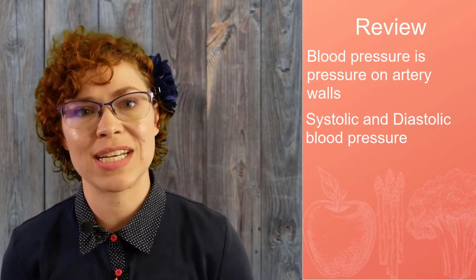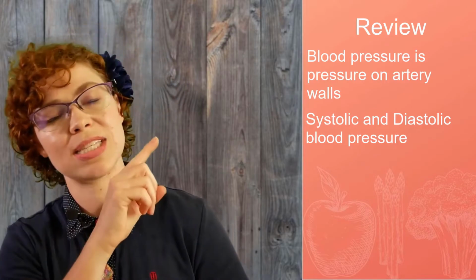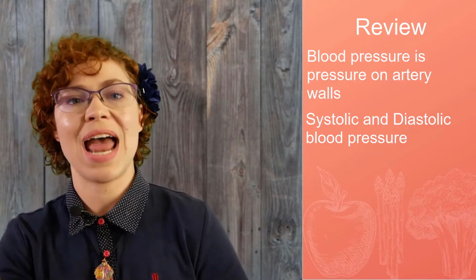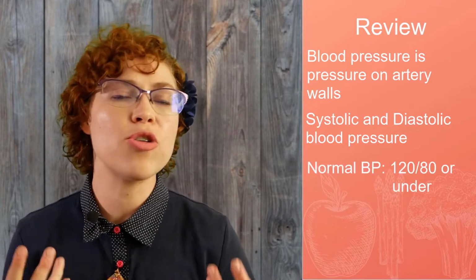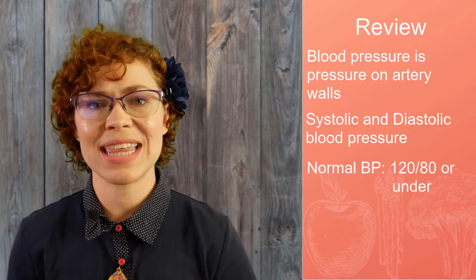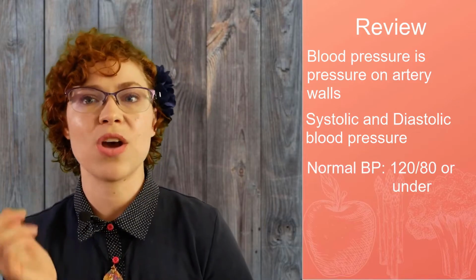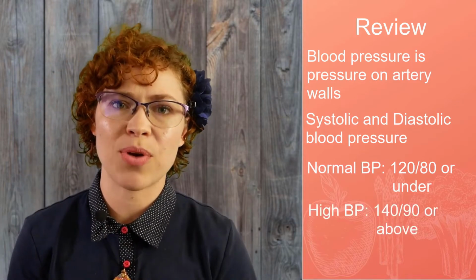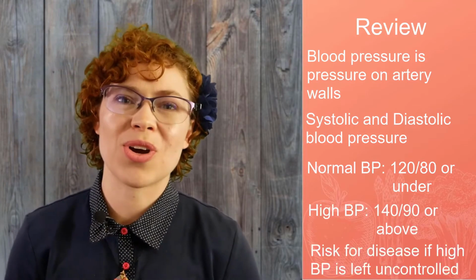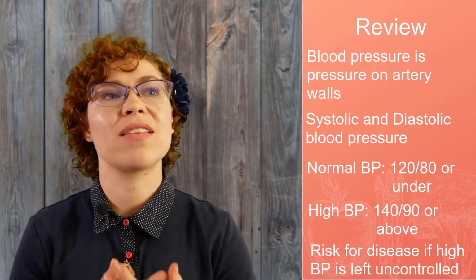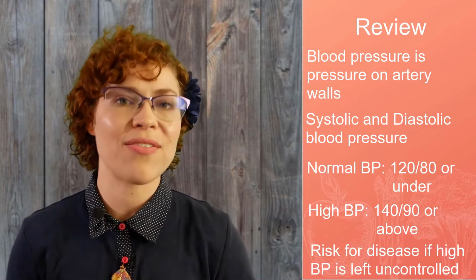Both of these are listed on blood pressure results, with systolic blood pressure being on the top and diastolic blood pressure being on the bottom. We also learned that normal blood pressure is anything below 120/80, and high blood pressure is anything above 140/90. We also learned that if high blood pressure is left uncontrolled, there's a lot of things that it can affect with our bodies.